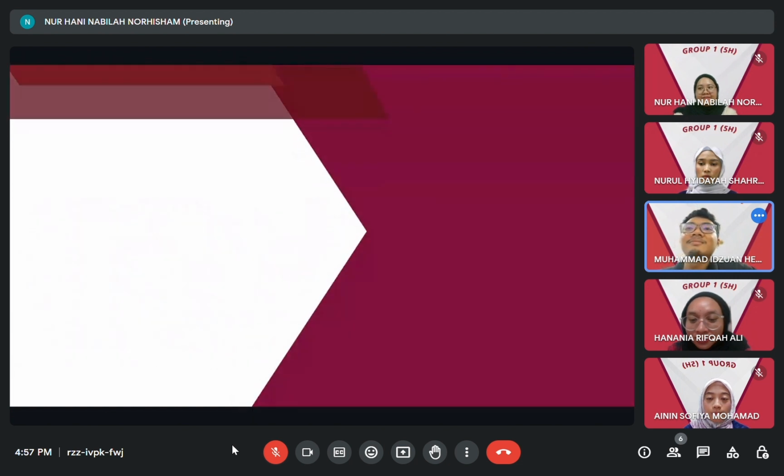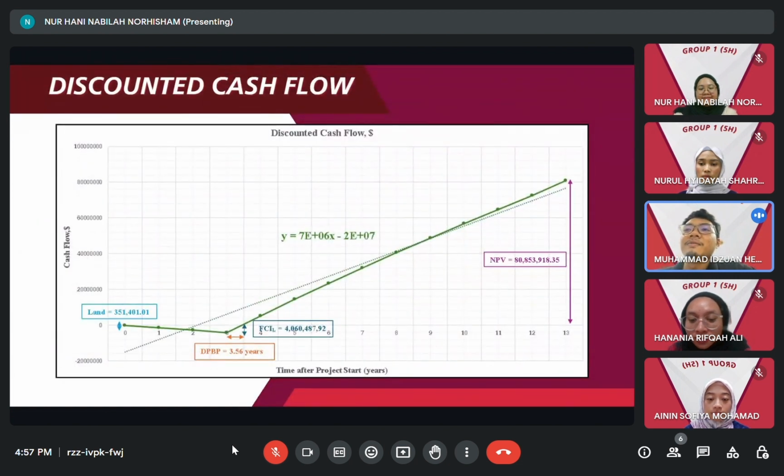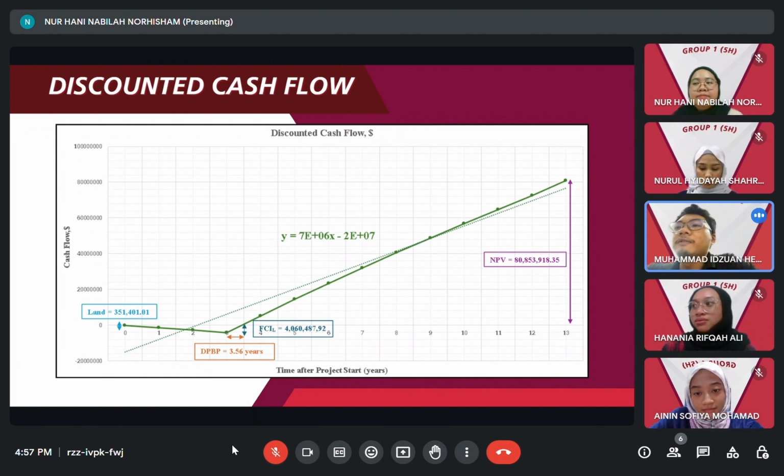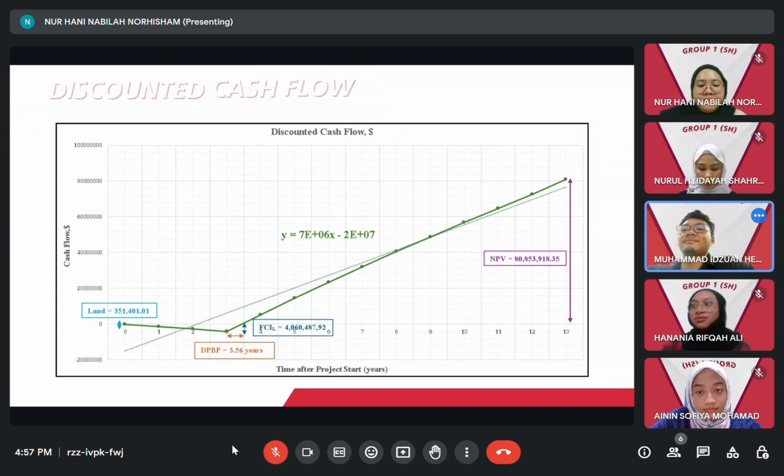Okay, this is the discounted cash flow diagram, which can be seen that the land cost at year 0 is 351,000, and the fixed capital investment is 4 million, and the discounted payback period is 3.56 years. Then the net present value, which is the final value for the cumulative discounted cash flow, is 80 million.